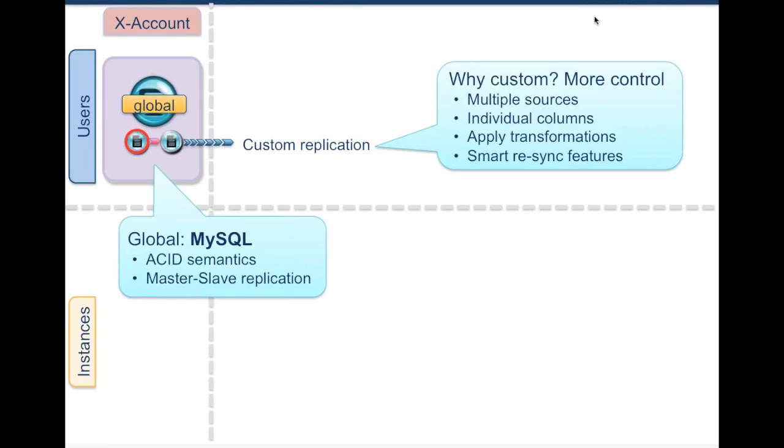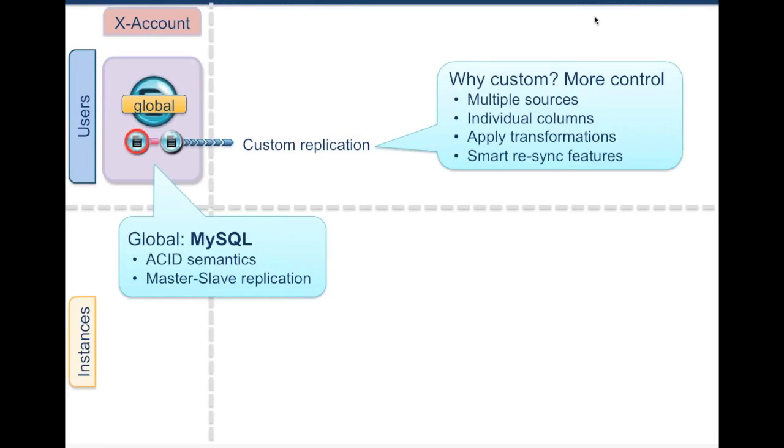We also like to apply several transformations when we replicate these rows, because the different pieces that receive this information may have slightly different schemas, so we may want to tweak those things in a custom way. That's basically the main reason for which we cannot use MySQL replication directly.